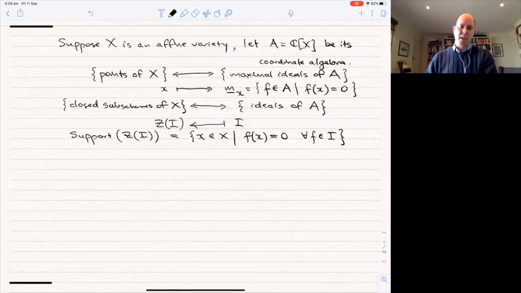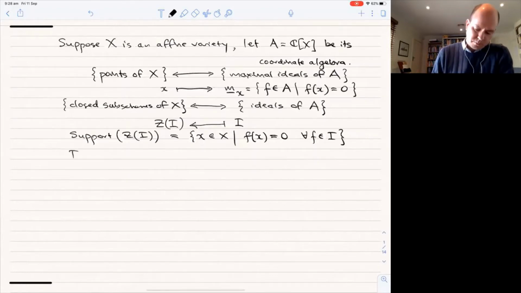So this is a Zariski closed subset of X defined by the vanishing of these various polynomials in the ideal I. But the important thing to note about the definition of subscheme as opposed to subvariety is that different ideals can have the same radical, and therefore their subschemes can have the same support, but that doesn't mean that we don't still distinguish between those ideals.